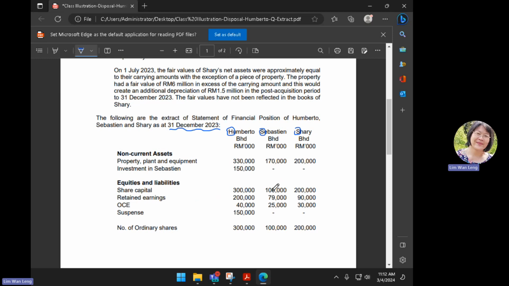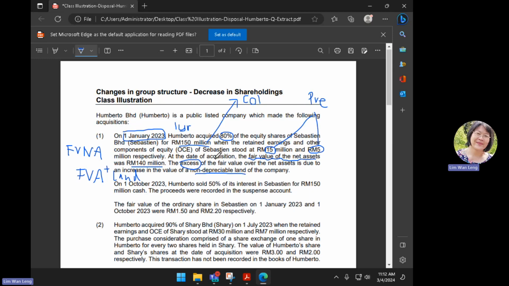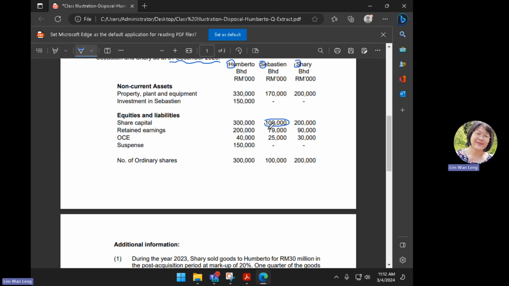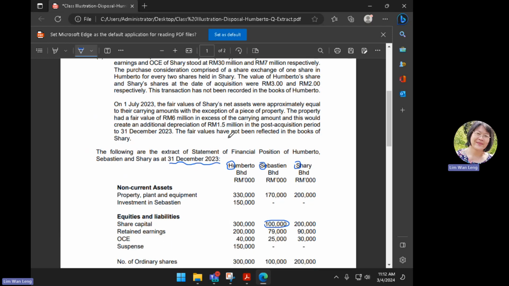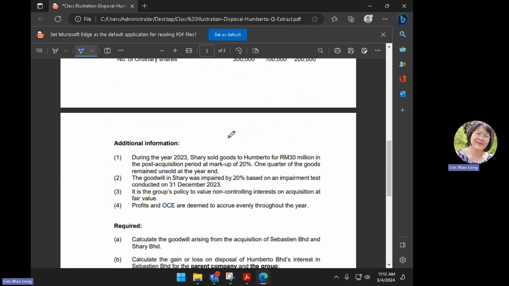Of course this is Sebastian. OSC 100,000. Let's forget about the 000, actually it's 100 million. Then the other components in the fair value of the net assets will be your 15 million and your 5 million. And because you only acquired 80%, you must have your NCI, isn't it? What did the question say? It is the policy of the group to value NCI at fair value.